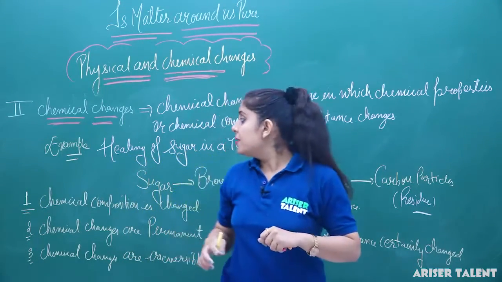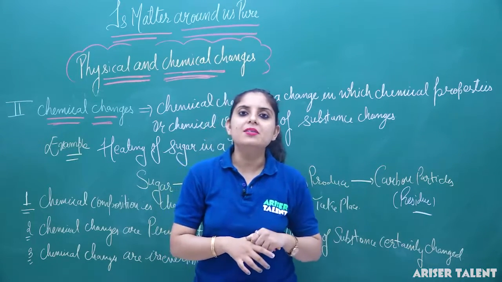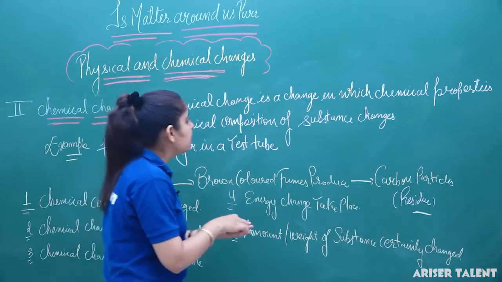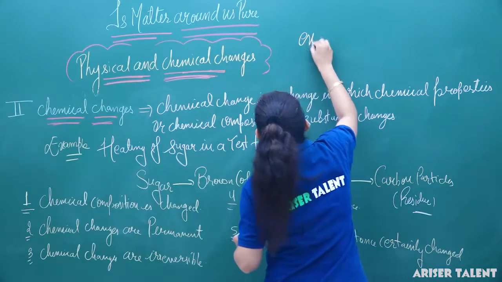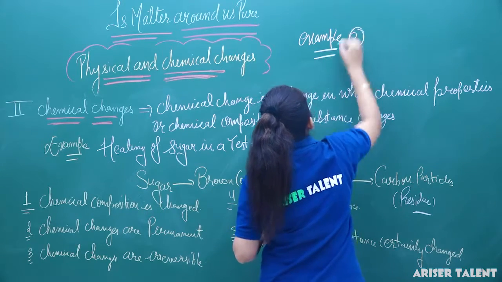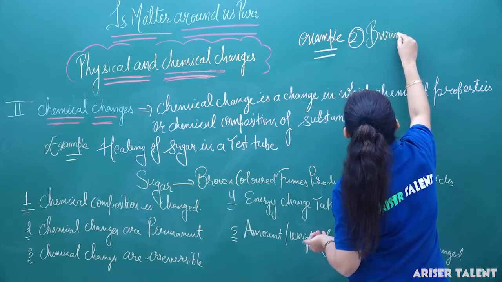So we have discussed a lot of properties in physical and chemical change. Now for the chemical change, let us consider another example. Suppose a magnesium ribbon is burnt. Example number 2, burning of magnesium ribbon.